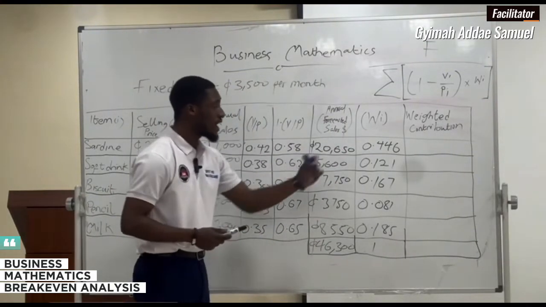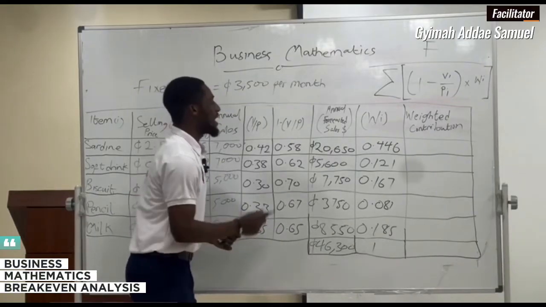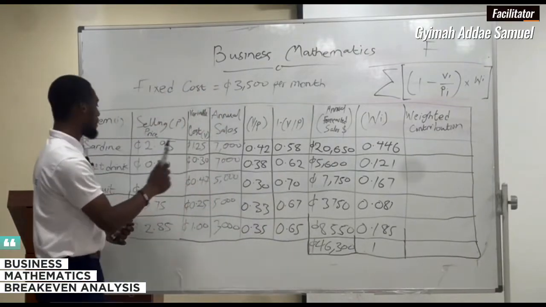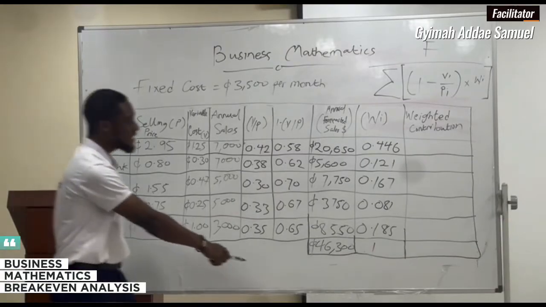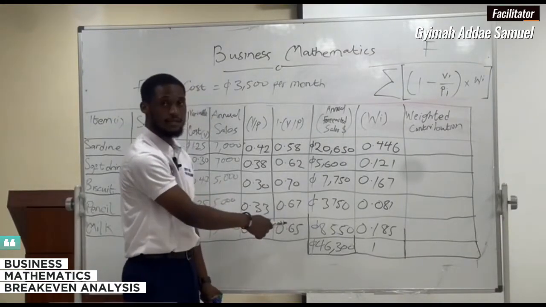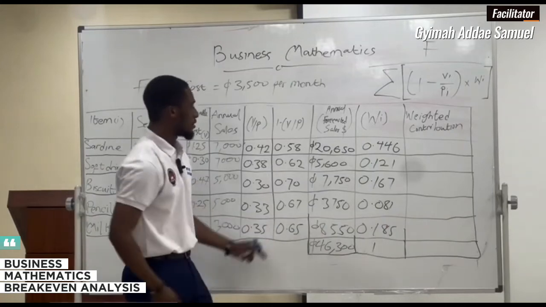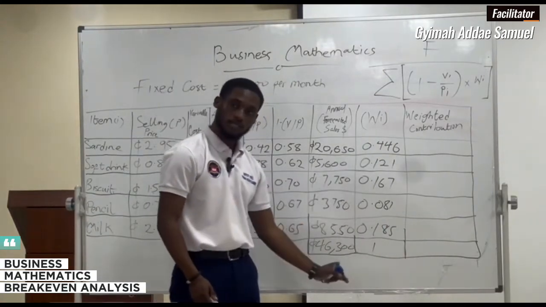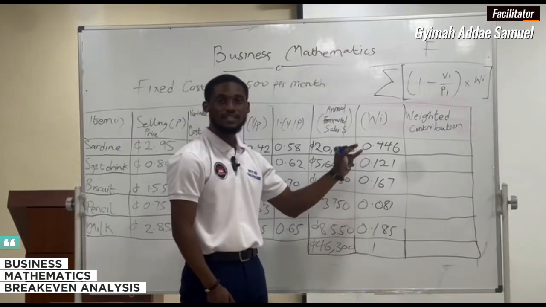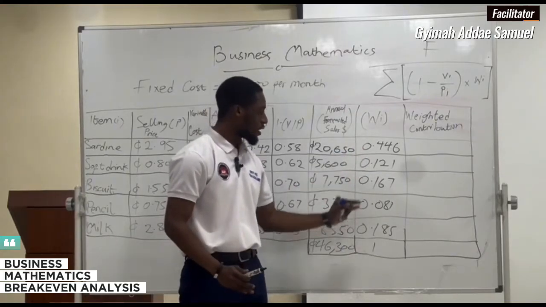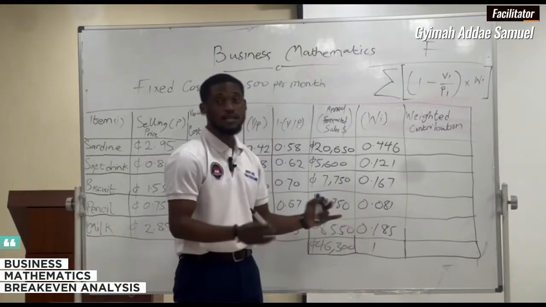The WI is gotten by taking each annual forecasted sale of each item and dividing it by the total annual forecasted sale. And that is how we got this. As I said, don't round this up. Leave it in 3 decimal places. After that, you add it to get its total.